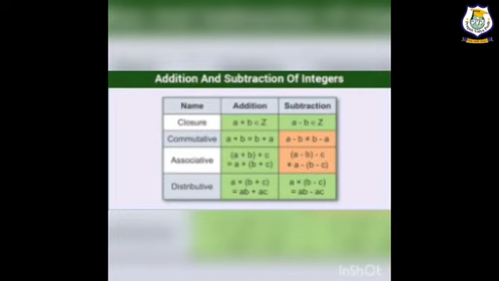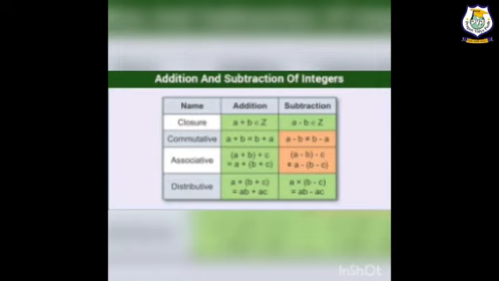Through this chart, I will give you a small recap of all the properties. The first property is closure property, which says for addition a + b belongs to Z, and for subtraction a - b belongs to Z. Commutative property: for addition, a + b = b + a, and for subtraction a - b does not equal b - a.